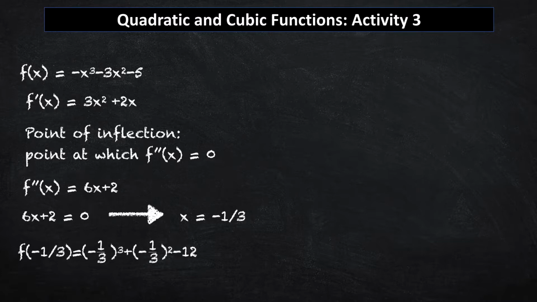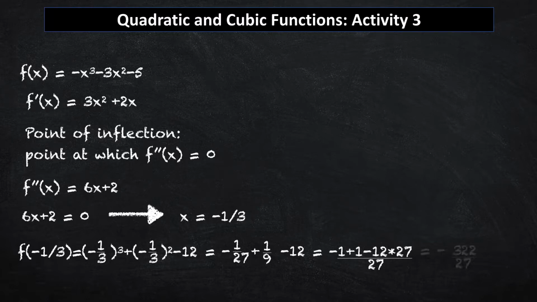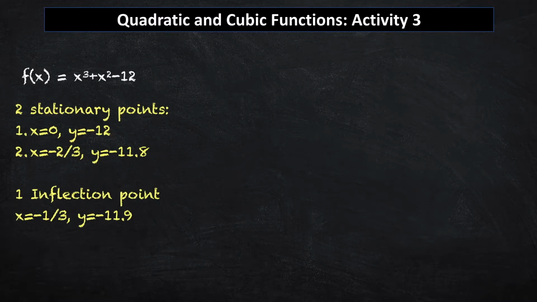And this becomes equal to minus 1 divided by 27 plus 1 divided by 9 minus 12. And if we do the math, this becomes equal to minus 322 divided by 27, which is more or less equal to minus 11.9. So, to sum up, we have two stationary points and one point of inflection.